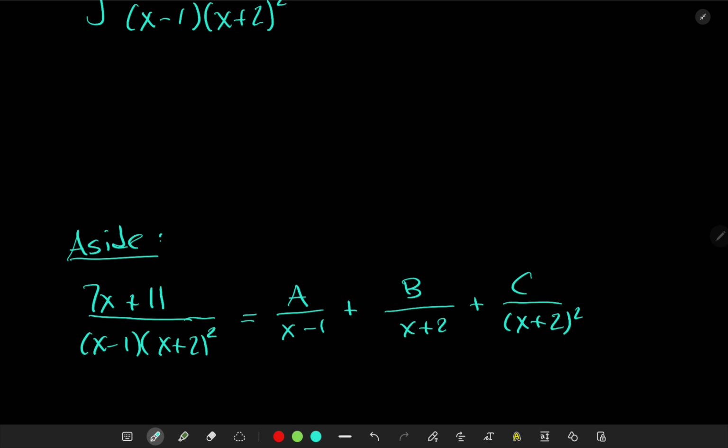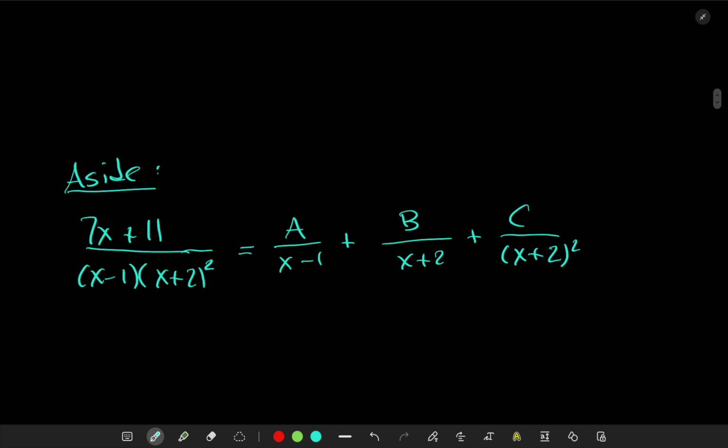All right, so to do this coefficient, you can still use the Heaviside approach. So a is going to be equal to 7x plus 11 over (x plus 2) squared.